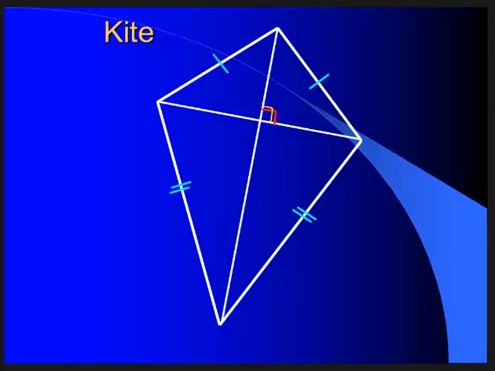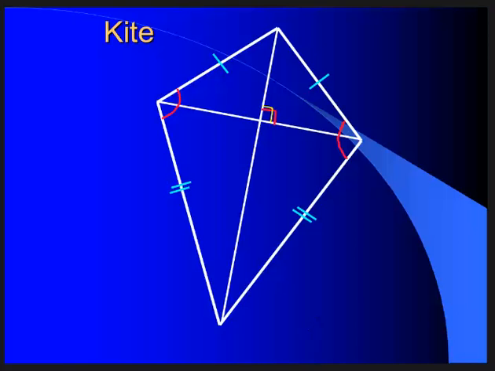And then they have only one pair of opposite angles that are congruent. Okay, these two are congruent. These two are not, so I'm not going to put congruency marks in there. So know all of these relationships in a kite and be able to use them.